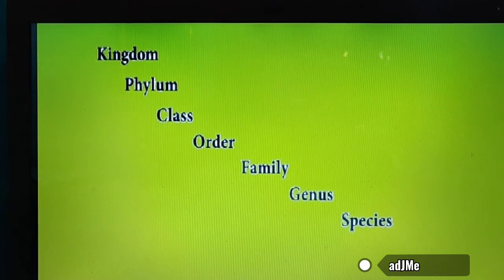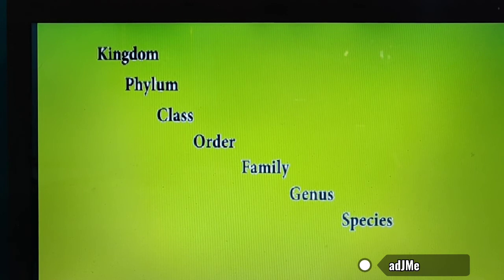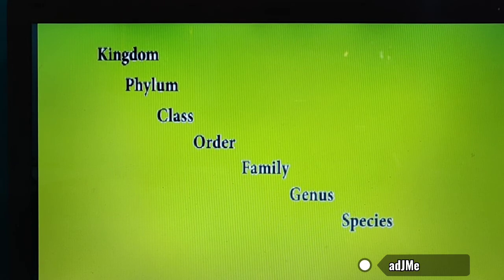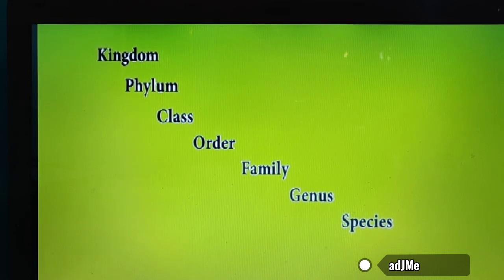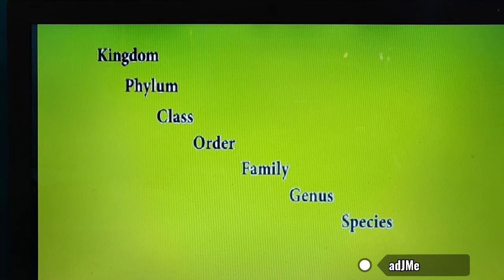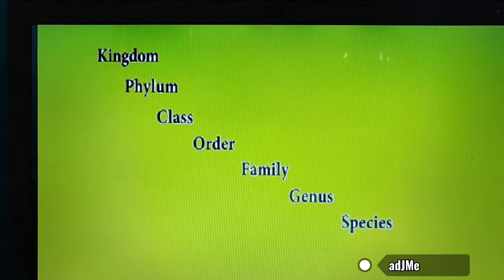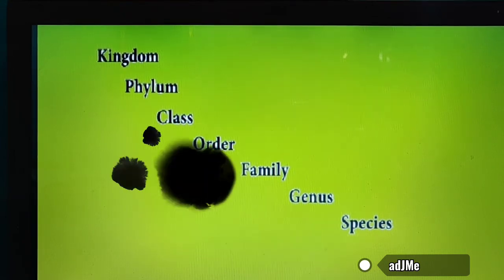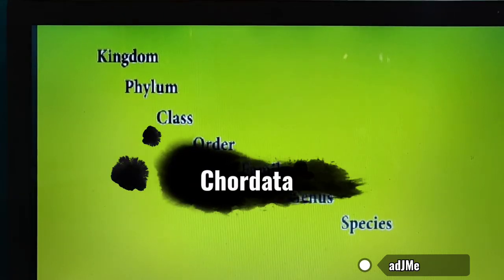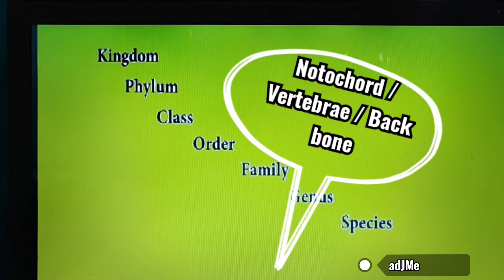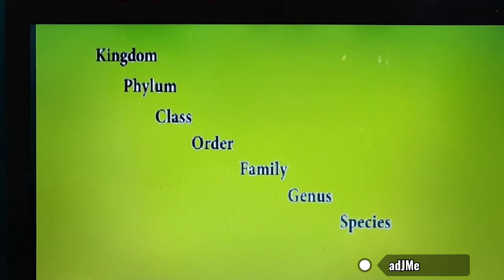Then next is phylum. Similar organisms, as I am telling for each category, various different classes, if they have similar characters, come under one phylum. For example, all mammals, birds, reptiles, frogs and fishes are put under one phylum, Chordata. What is Chordata? Animals which have a notochord or vertebral column or backbone are called chordates.